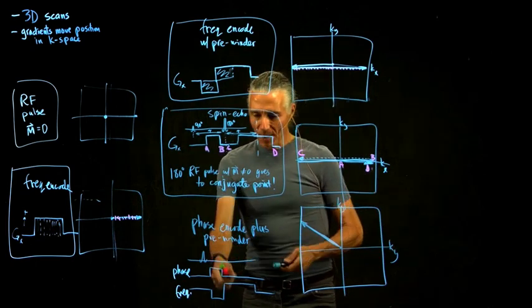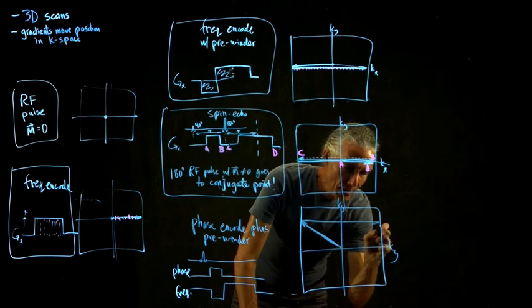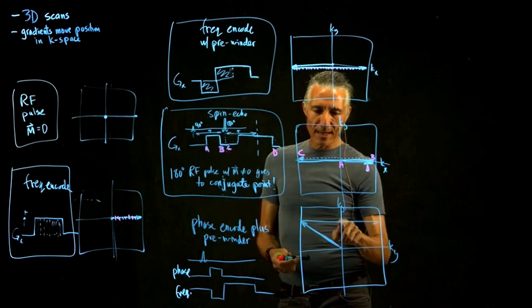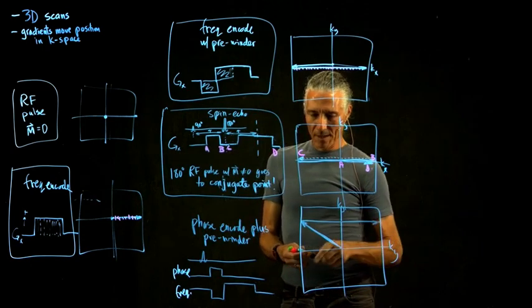And then when we do this one, we start there and then go across. And we would get a little bit of an echo as we went through the middle here, not anywhere near as big as if we were down at the center of K-space.